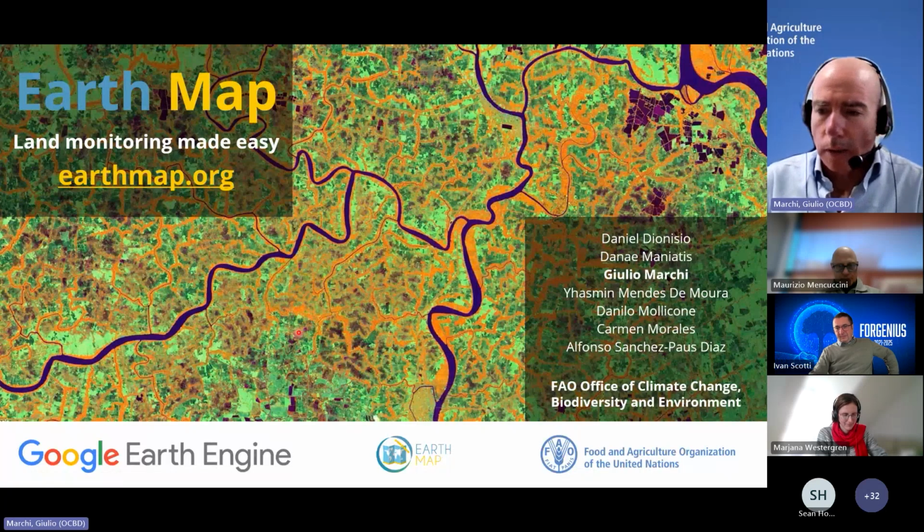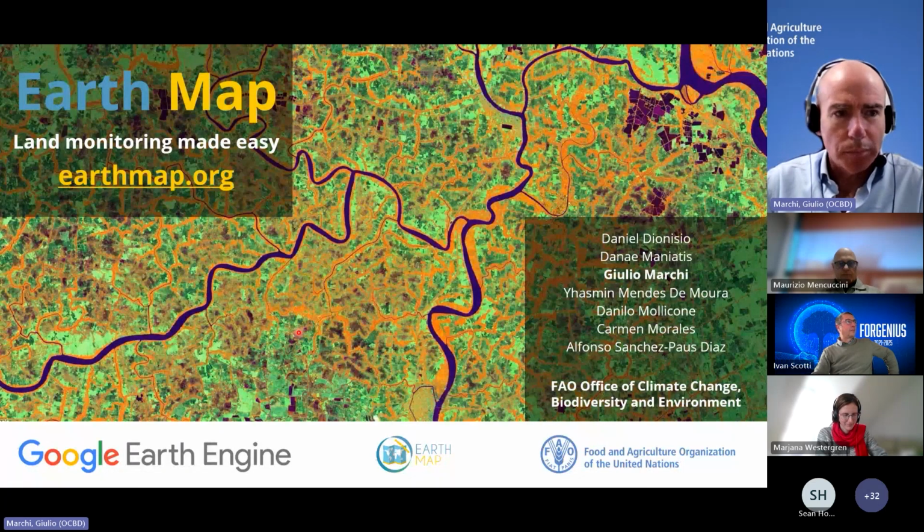The thing is called EarthMap. We call it land monitoring made easy, in order to have a very easy to use interface to the most common features and data sets, both in Earth Engine, but also coming from other freely available sources of data.